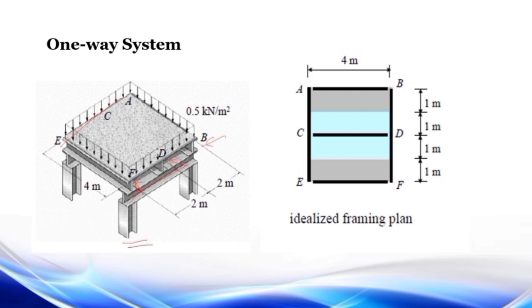Makikita natin dito that at points A, B, C, D, E, and F, yung mga beams natin is not touching the girder. So, ibig sabihin, this is assumed as pin connected.